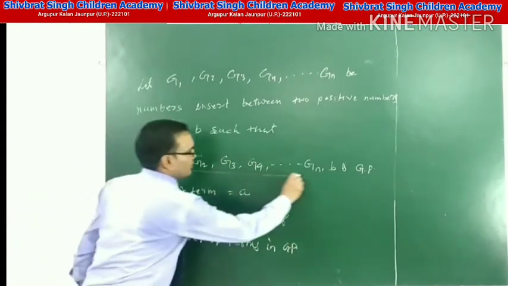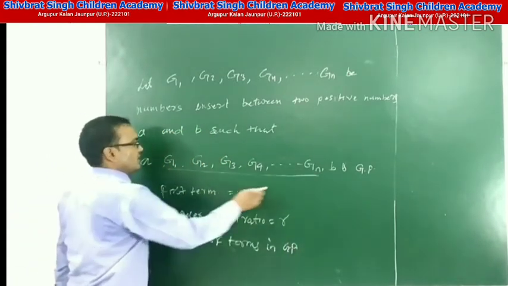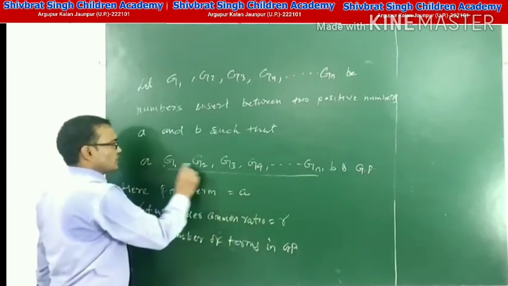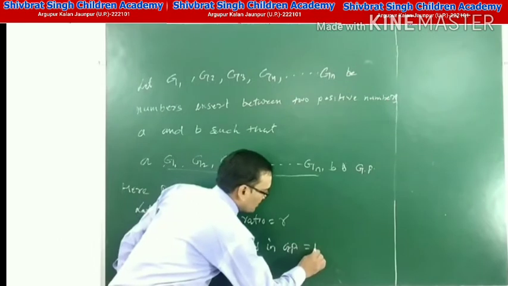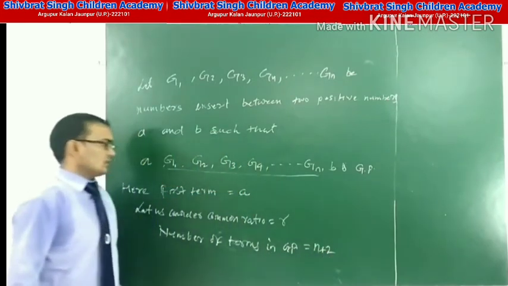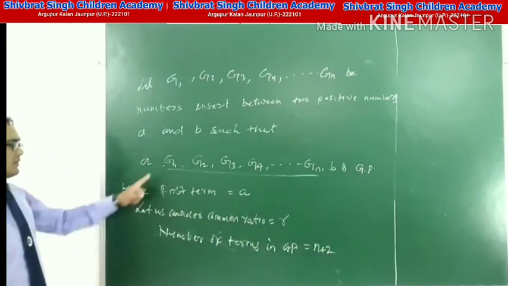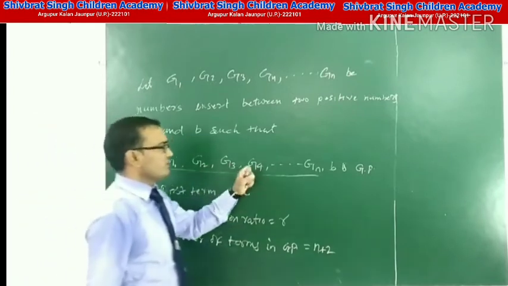Here there are n geometric means and a and b, so the total number of terms in this GP is n plus 2. We find the value of G1, G2, G3, G4.